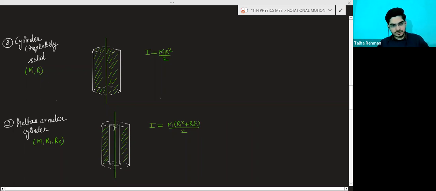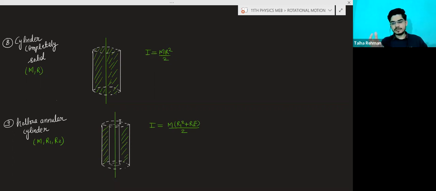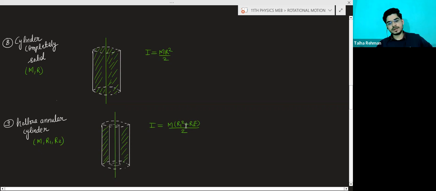At these points you can see two concentric circles, and in between the two concentric circles there is the material. So the moment of inertia will be M (R1 square plus R2 square) divided by 2.